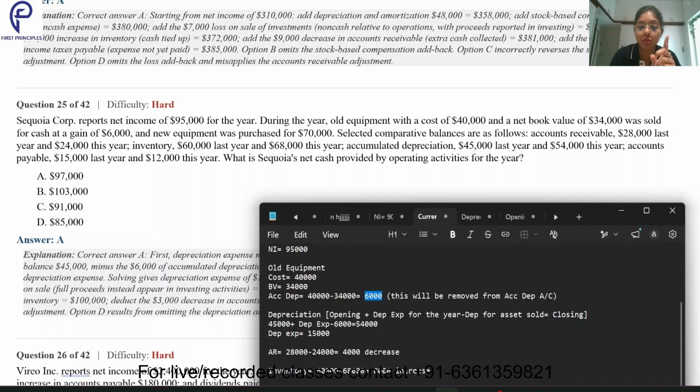So that means this 6,000 will be removed from the accumulated depreciation account.